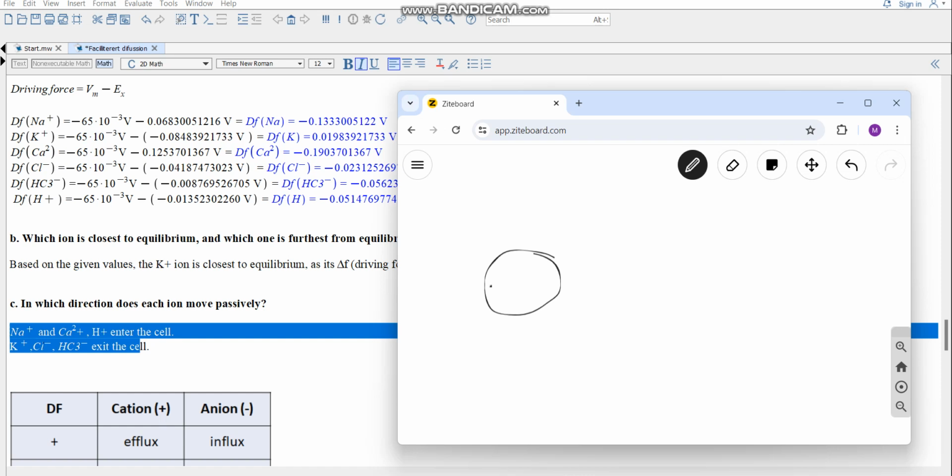So the positive net driving force, which is the direction of net current flow, positive charge, is outwards. And K plus is actually also outwards. So here for potassium, it exits the cell.